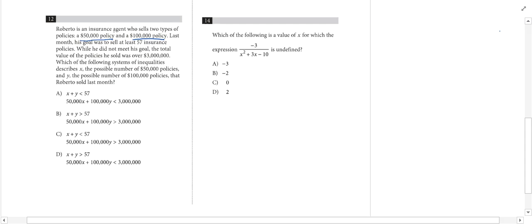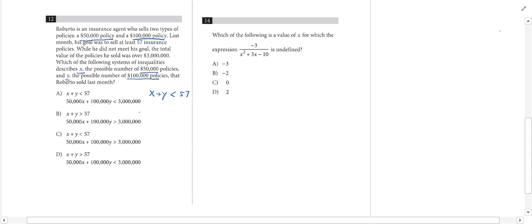They told you his goal was selling at least 57 insurance policies, but this guy did not meet the goal. If he did not meet the goal, that means X plus Y should be less than 57, right?